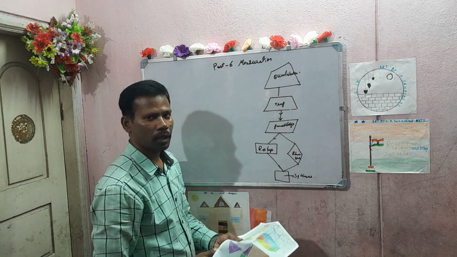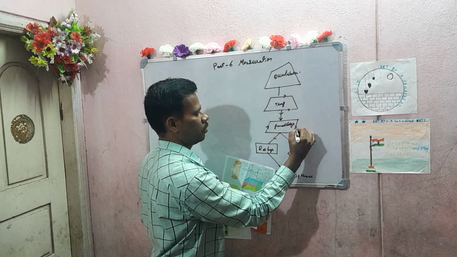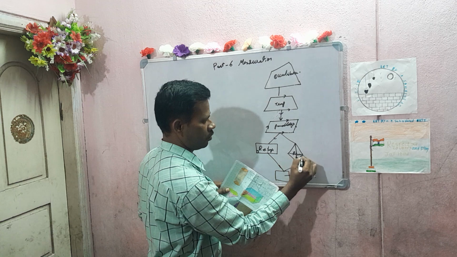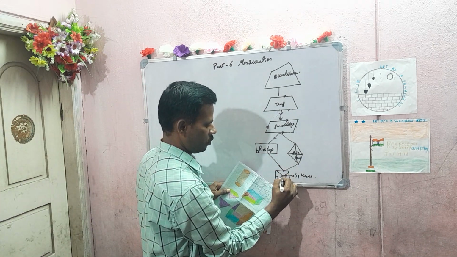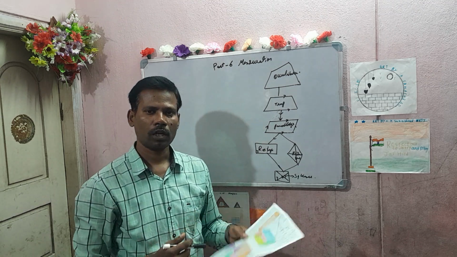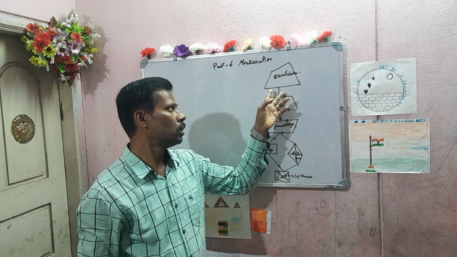Trapezium, what is this, parallelogram and all that. What is trapezium? A quadrilateral I have already discussed. It is a 4-sided figure.